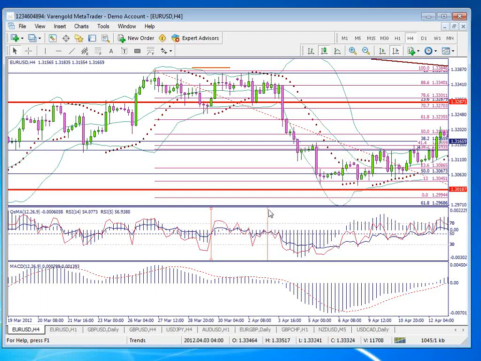To be more sure about this signal, we have the signal on 4 hour and we will go to 1 hour to have more accuracy for the signal.